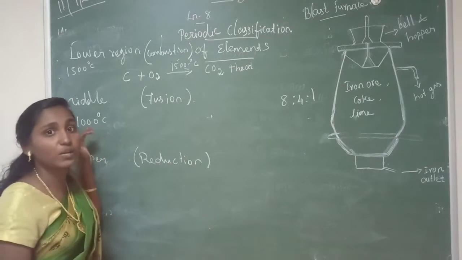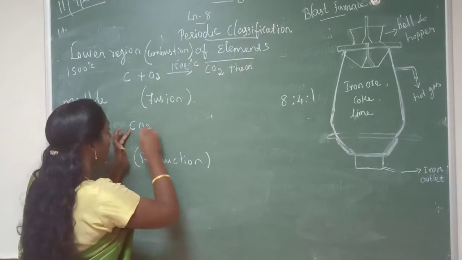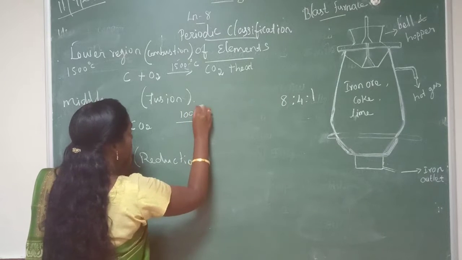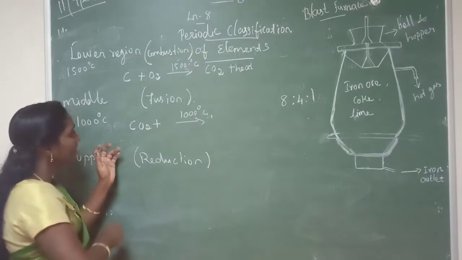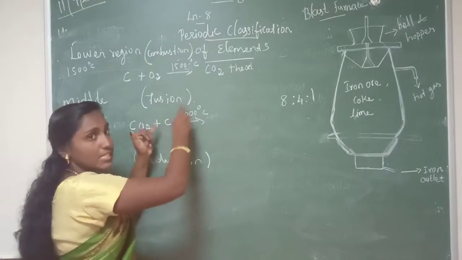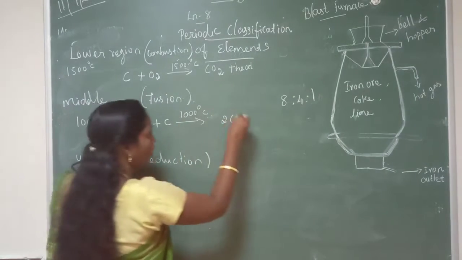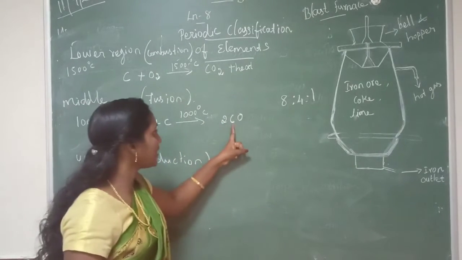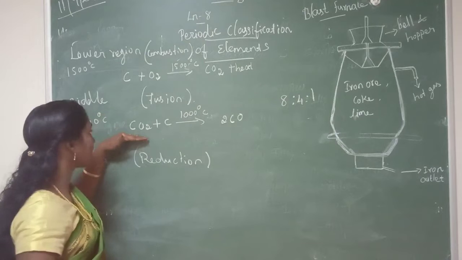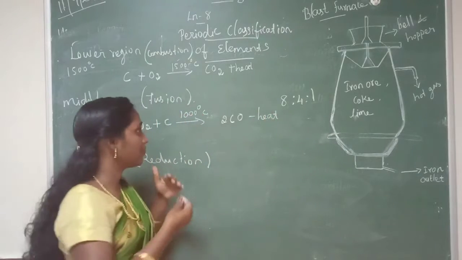At 1000 degrees Celsius, CO2 combines with more carbon, so 2 carbon and 2 oxygen. CO means carbon monoxide, CO2 means carbon dioxide. The carbon dioxide is reduced to carbon monoxide, and here heat is absorbed.